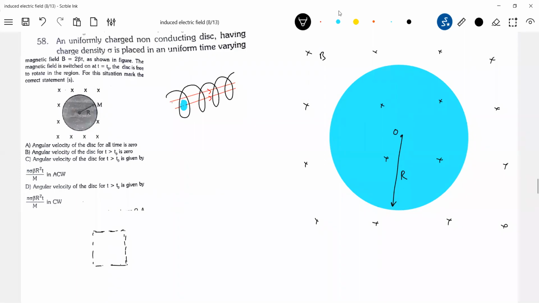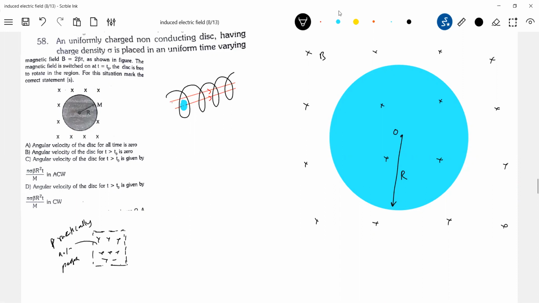Practically it is not possible. That's why all our induced electric field concepts will have the magnetic field confined to a circular region. Even if they don't mention it, you assume it's a solenoid.